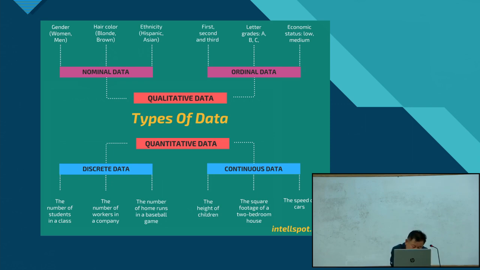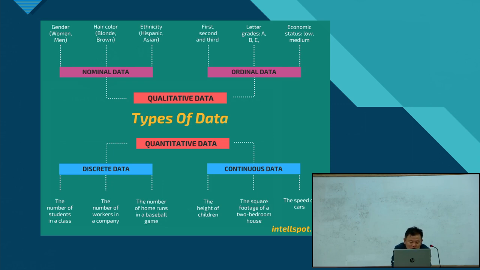It gives you the grade. This product is A, this product is B, this product is C. Letter. This is ordinal data. Also, you are very familiar with ordinal data from your grade report, your transcript.